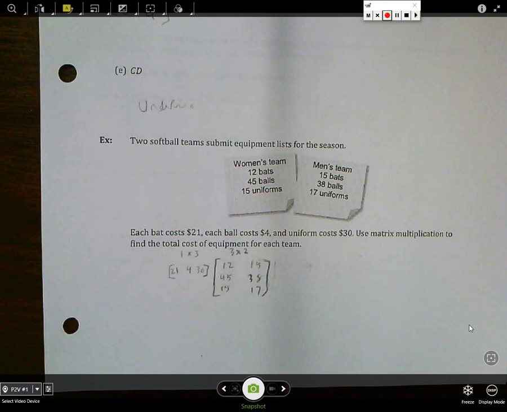Does that work? A 1 by 3 by a 3 by 2? What will the resulting matrix be? It'll be a 1 by 2, right? And that will be the total cost for each team, right?